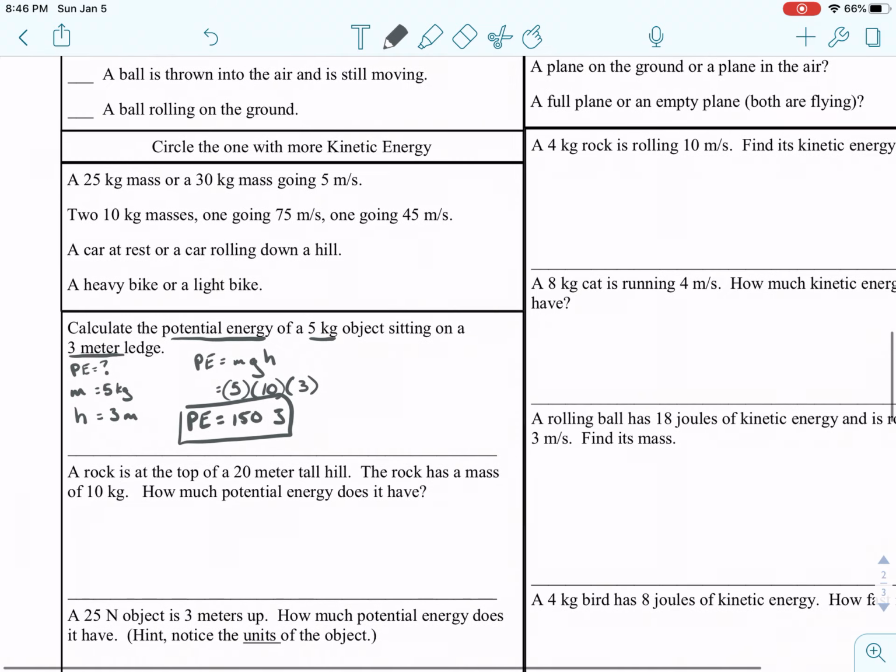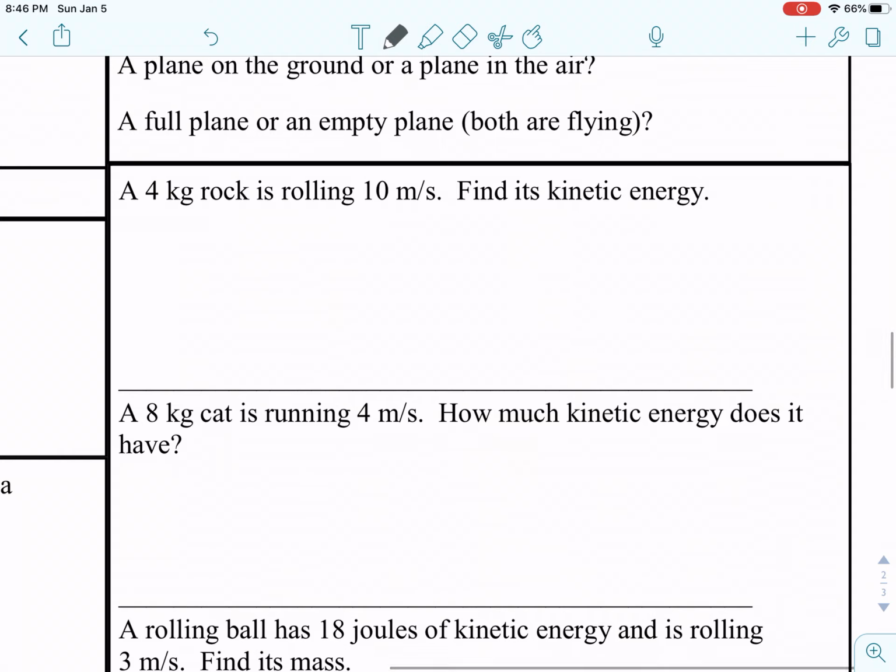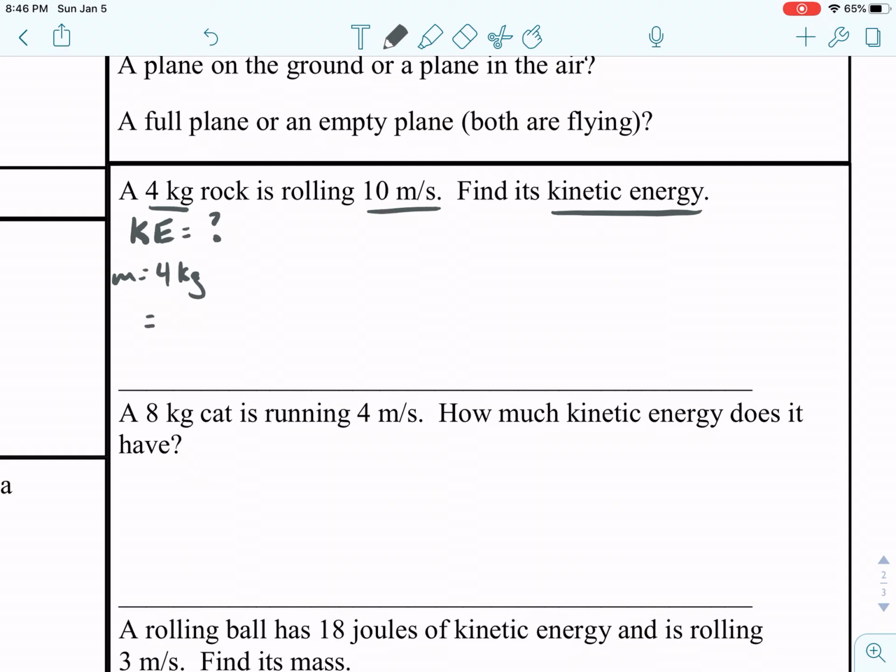And let's take a look now at this one over here. A rock is rolling at 10 meters per second. Find its kinetic energy. So let's list out what was given to us and what we need to find. Kinetic energy is what we're trying to find. They gave us 4 and 10. So 4 kilograms. That's the object's mass. 10 meters per second.